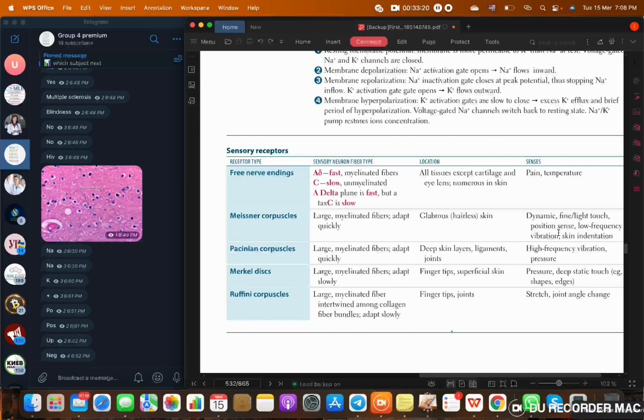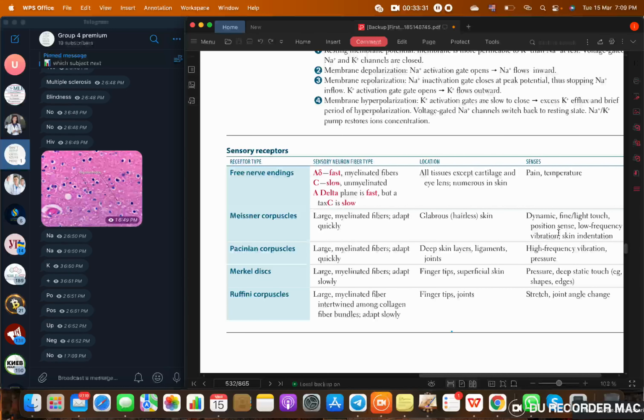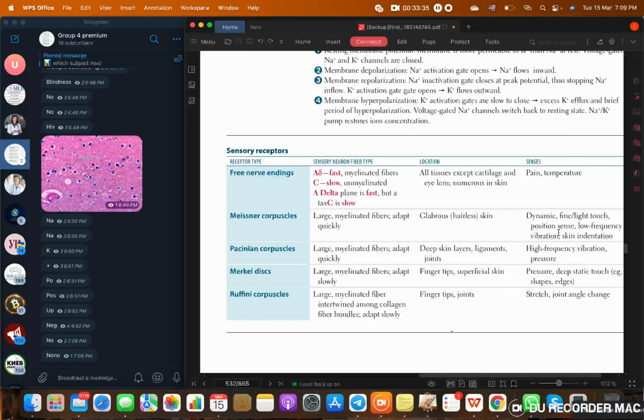So if the patient gets a deep burn, not a superficial burn, and he burns his free nerve endings, will he be able to sense pain and temperature anymore? If he burns his nerve endings? Okay, so no, exactly.